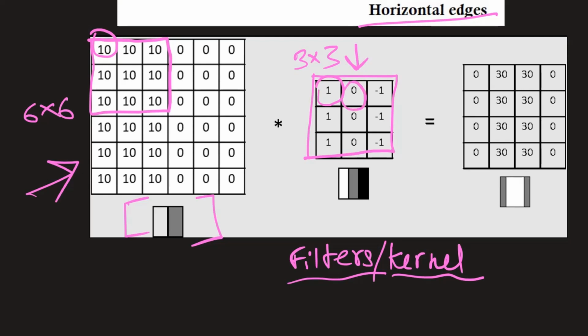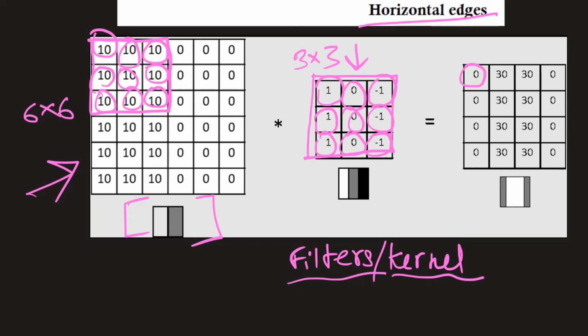Similarly, this will be multiplied with this, and so on. In the same way, we multiply all the elements from this particular area of the image with the respective elements from the kernel matrix. After the element-wise multiplication, we add all the elements and the result will be placed over here. So let me do it manually for you.